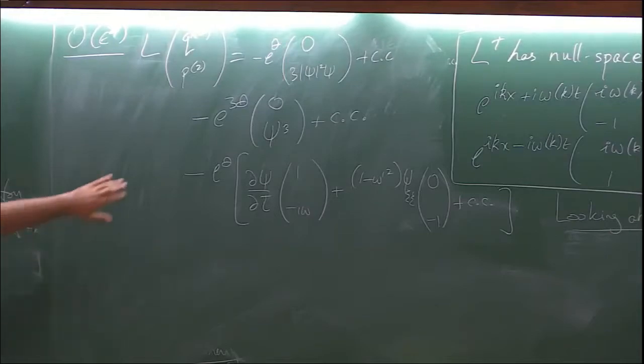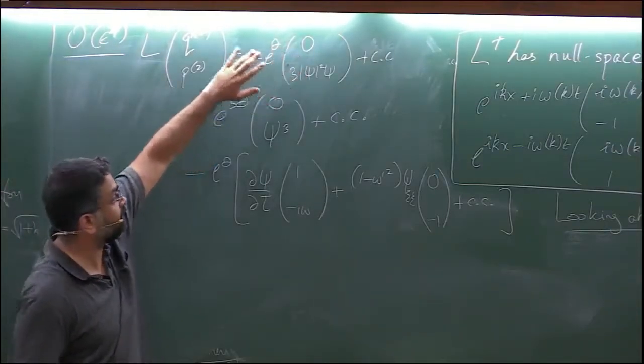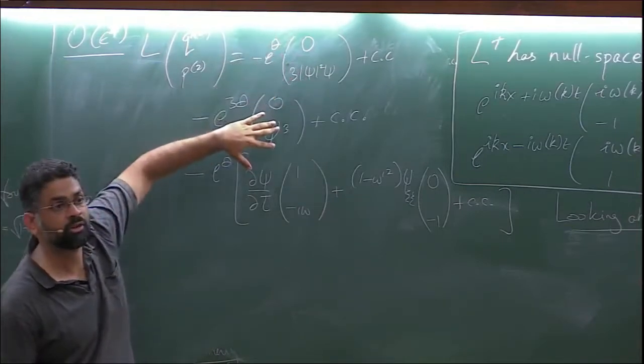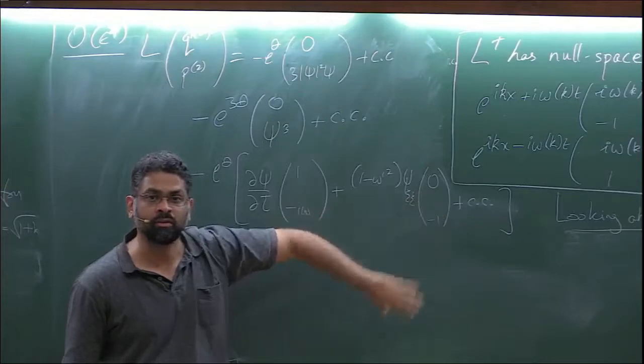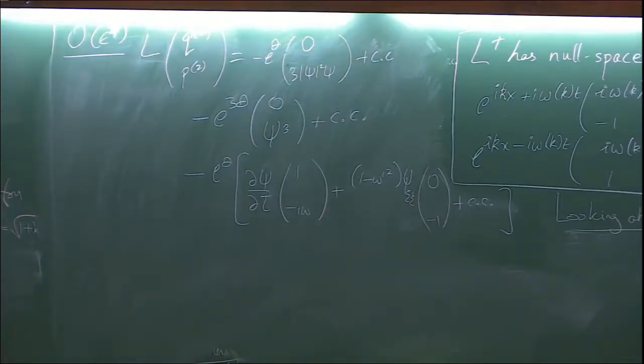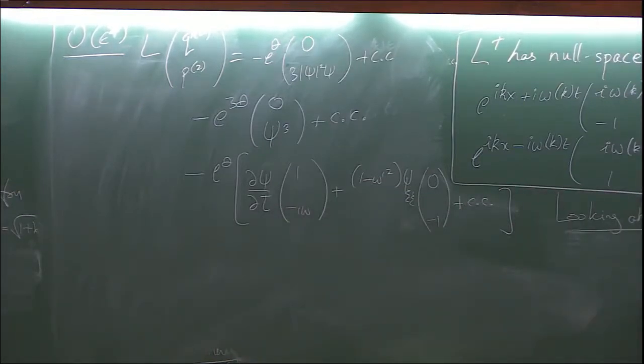So you can see that this nonlinear term gave me a (0, 1) type of vector. Here I've got a (0, 1) type of vector. There I've got a (0, 1) type of vector. So that's what told me that I should have set a to 0 at the previous order, to make sure that my ansatz itself is in the direction of (0, 1).